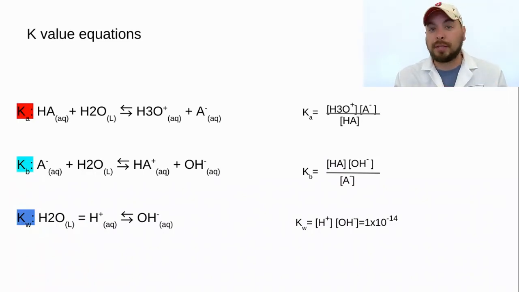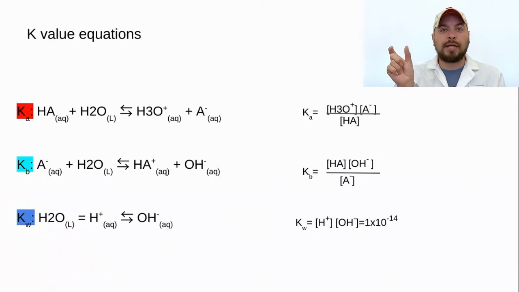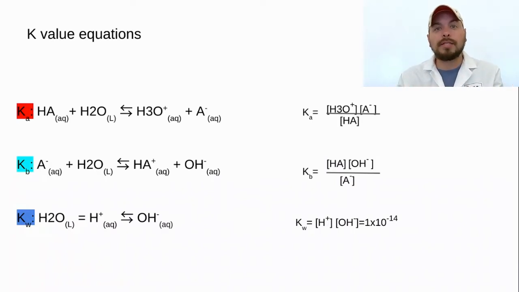When we combine Ka and Kb, thinking back to Hess's law of equilibrium, you multiply them together, and what we end up doing is canceling the weak acid and canceling the weak base, and we're left with the concentration of H+ times OH- equals Kw, which means Ka times Kb equals Kw.